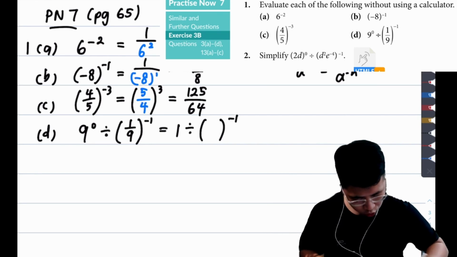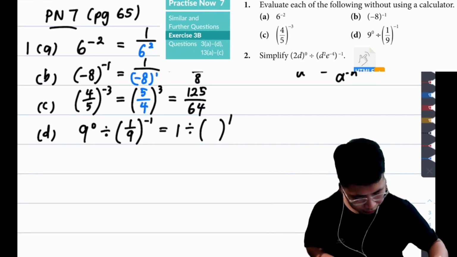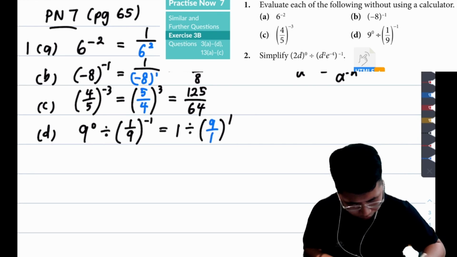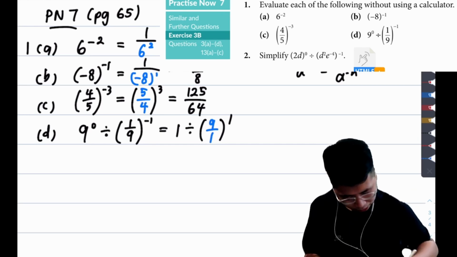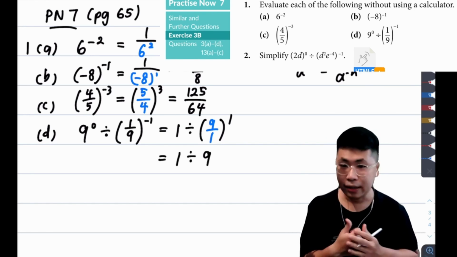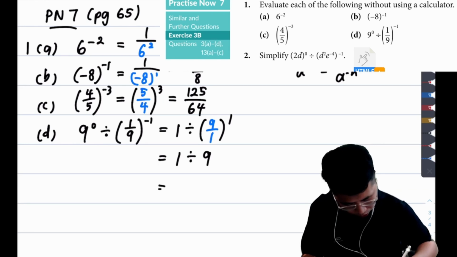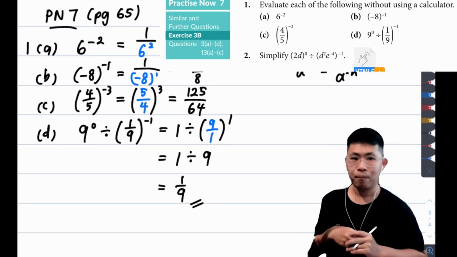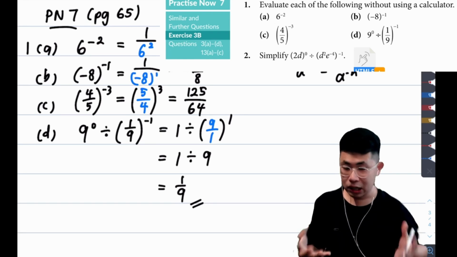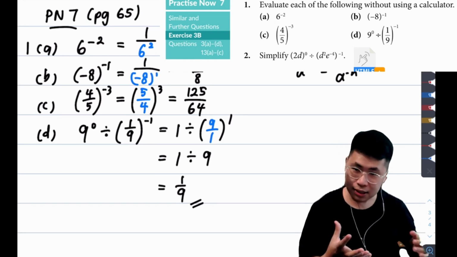So we use our negative power and we have 9 over 1 to the power of 1. So this would be 1 divided by 9, simply just like that. And what is 1 divided by 9? It is just 1 over 9, as simple as that. So this is how we evaluate using negative indices.